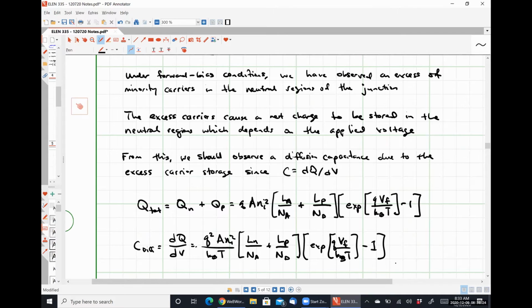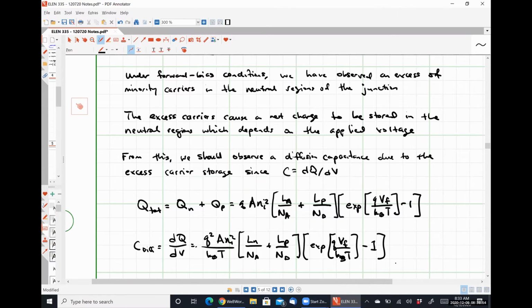The junction capacitance is because of the uncovered bound ions in the space charge region. This capacitance is due to the presence of diffused charge carriers inside the neutral P and N regions of the crystal. So it's an entirely different mechanism by which capacitance occurs.